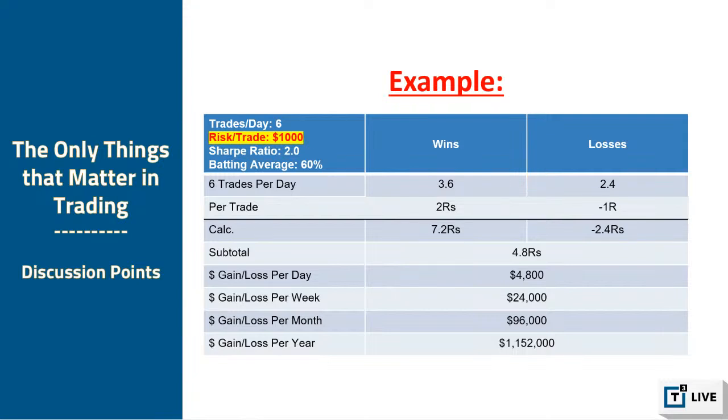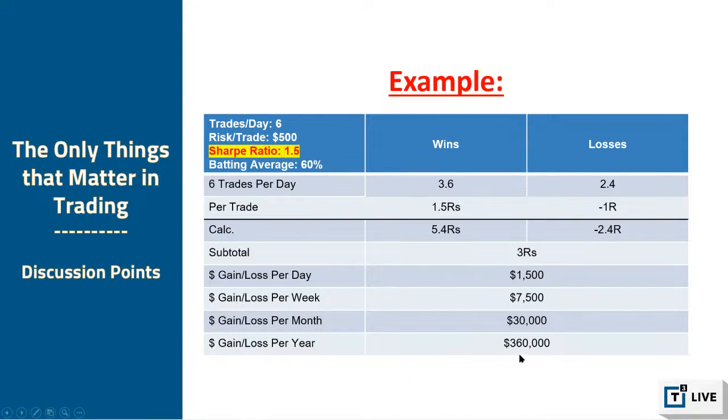Take a look at what happens when your Sharpe ratio drops by 50 basis points, so 25%. That's a 25% reduction in your Sharpe ratio from 2.0 to 1.5. Wow.